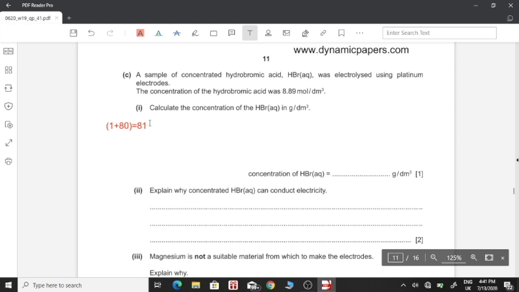And then we multiply this with the number of moles over here, which is 8.89. So we get the answer as 720.09, but when we round it we get 720, and so we have the mass over here.